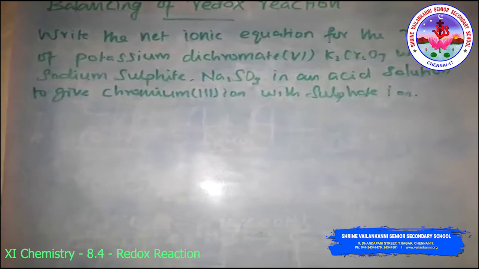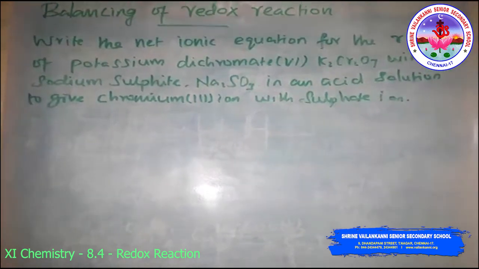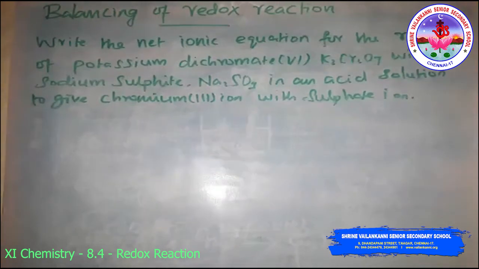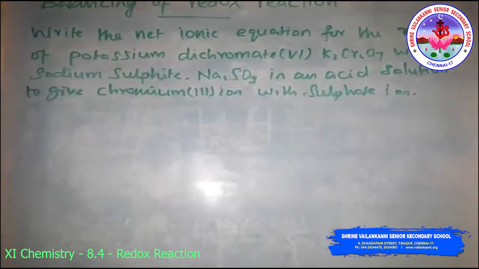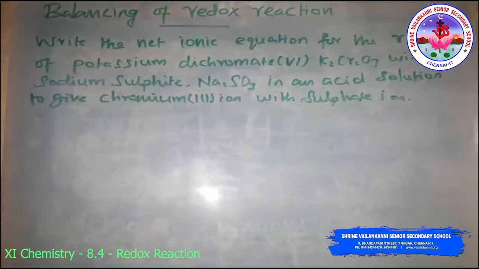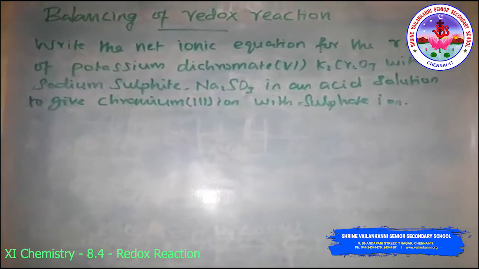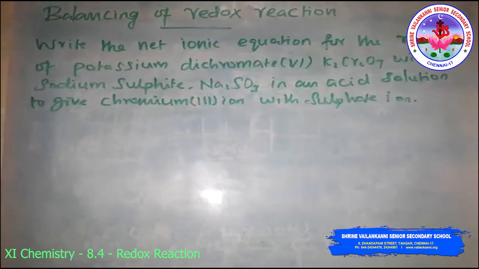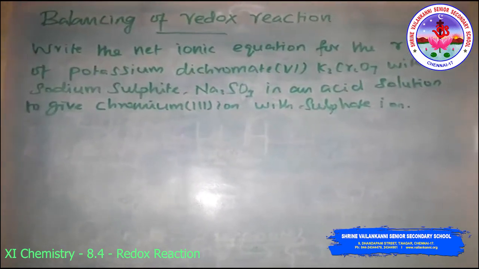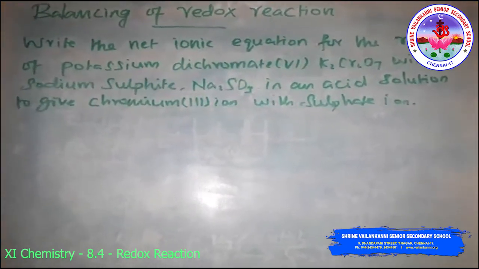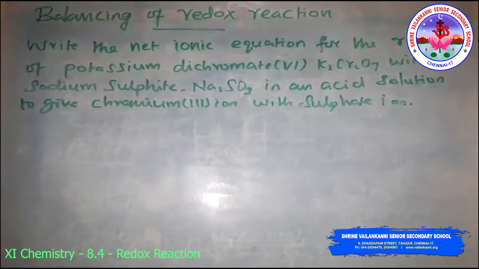The first is based on the change in the oxidation number of the reducing agent and the oxidizing agent, and the other is based on splitting the redox reaction into two halves, the oxidation half reaction and the reduction half reaction. Now we will see the first one, the oxidation number method.